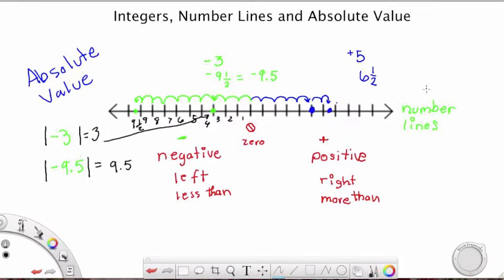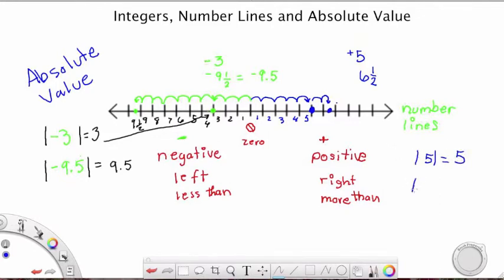For example, if we go over here and do the same thing with 5, what's the absolute value of 5? We would simply count, 1, 2, 3, 4, 5. It's 5 units away from 0, or home base, which is 5.